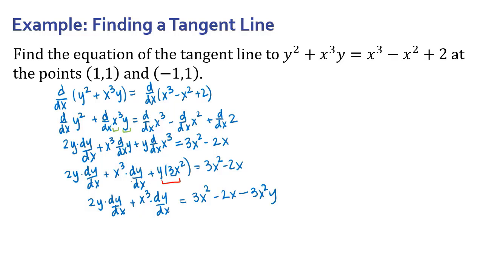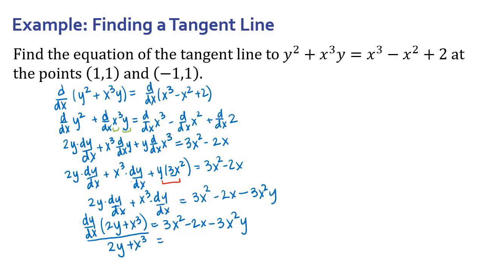Now I can factor the dy/dx out, and I'm left with (2y plus x cubed) times dy/dx equals 3x squared minus 2x minus 3x squared y. To get dy/dx by itself, we divide on both sides.